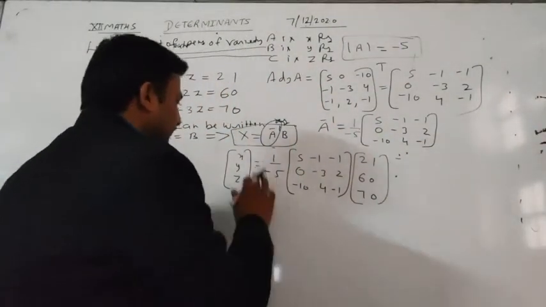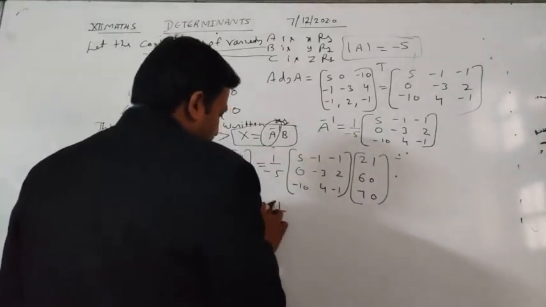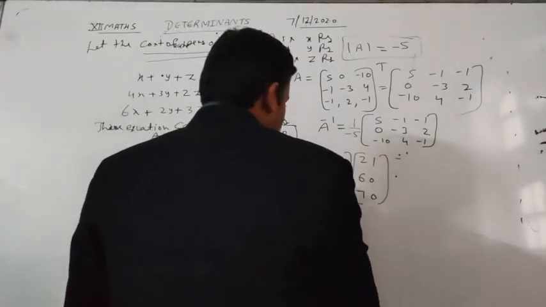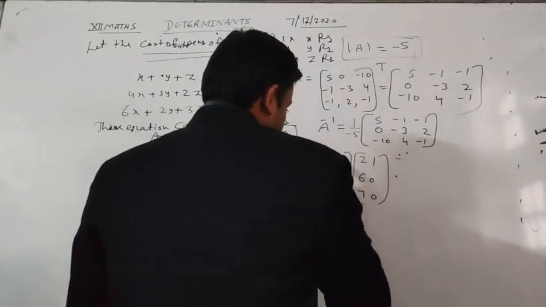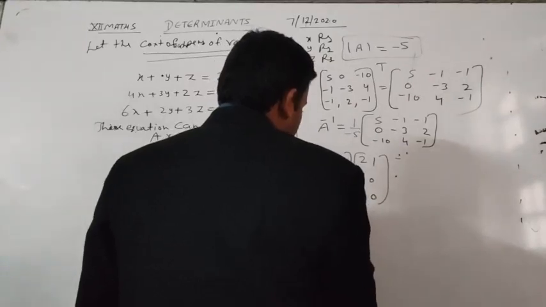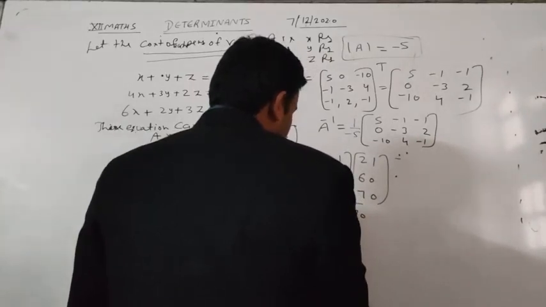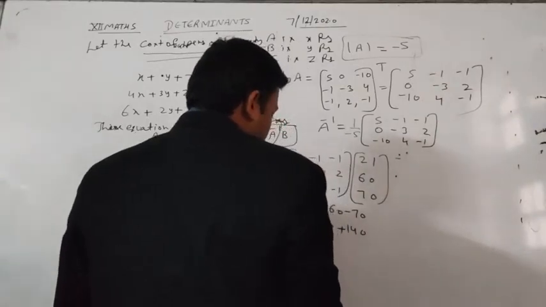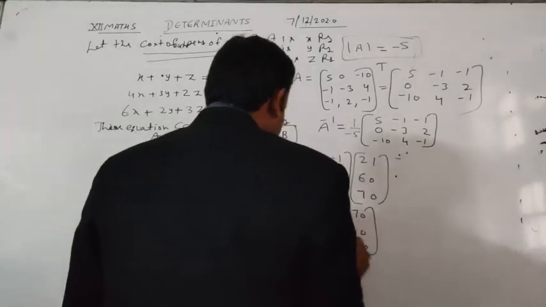Now we will multiply this, and after multiplication we will compare. That will be our answer. Now multiply this: 5 times 21 is 105, 5 times 2 is 10, minus 60, minus 70. Next, 0 minus 180 plus 140, minus 210 plus 240 minus 70.